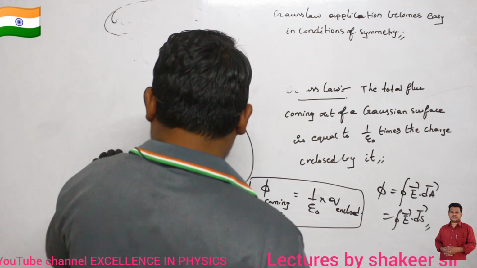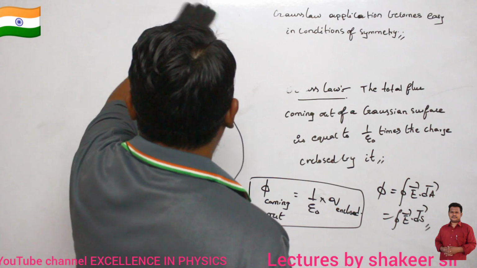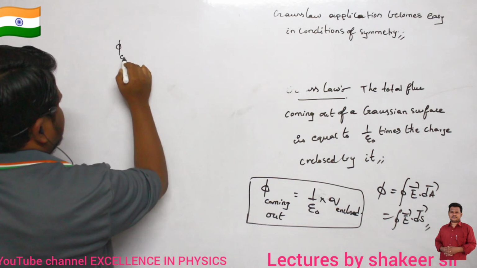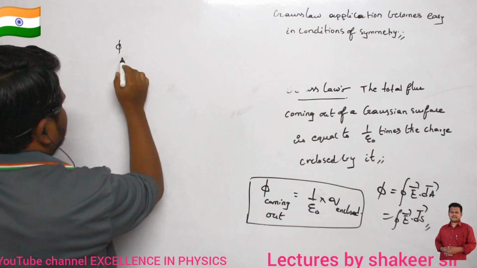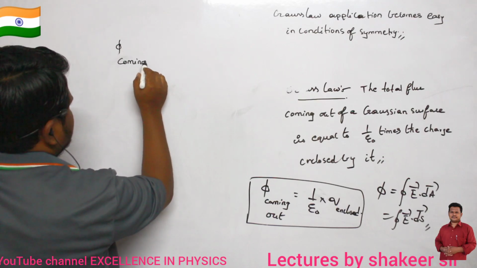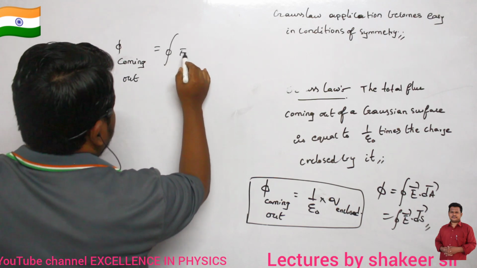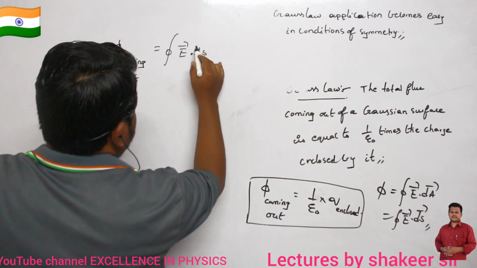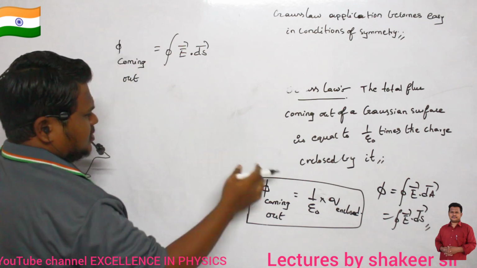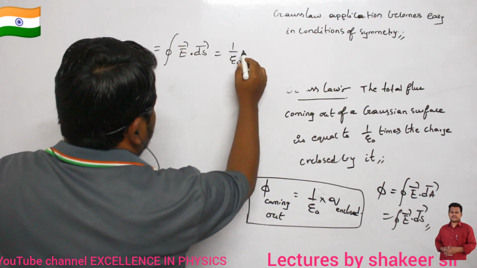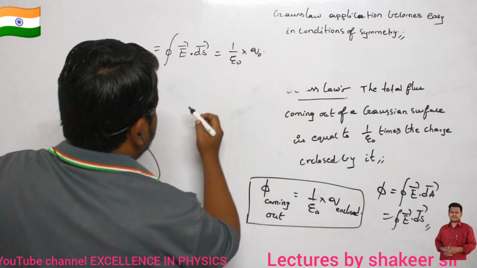I can write flux coming out of a surface is equal to closed integration of E dot dS, where dS means surface, or you can write dA also, is equal to 1 by epsilon naught times the charge enclosed by the surface.